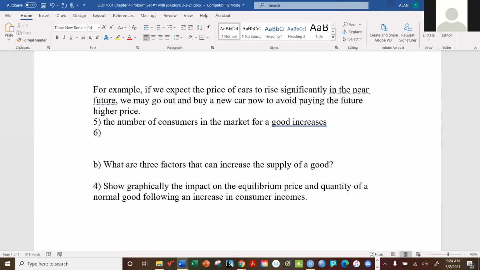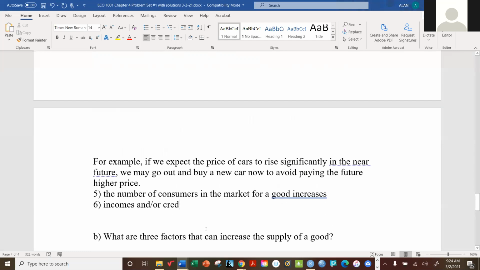Okay, and then 6, future incomes or credit are expected to increase. In other words, if you expect to have more income in the future, even before it actually materializes, you may go out and buy more products.